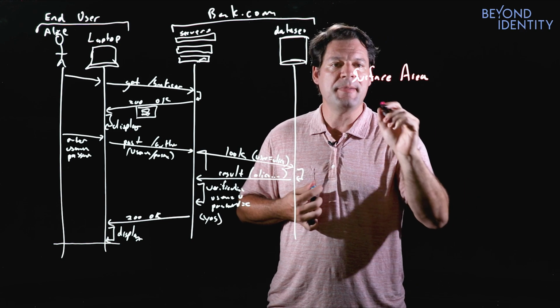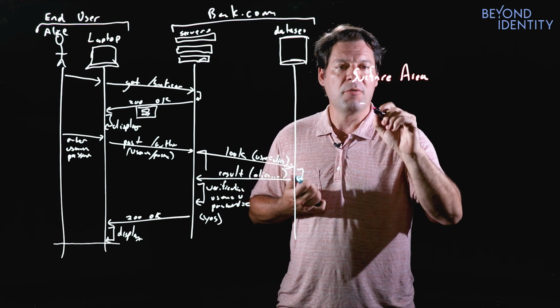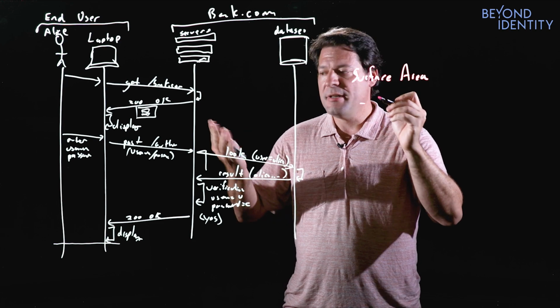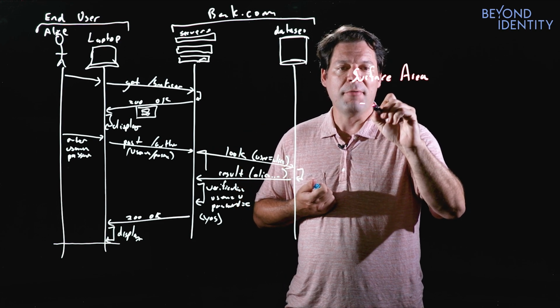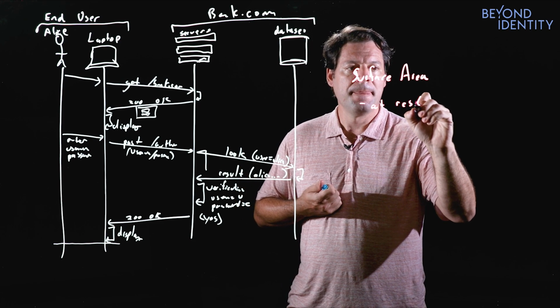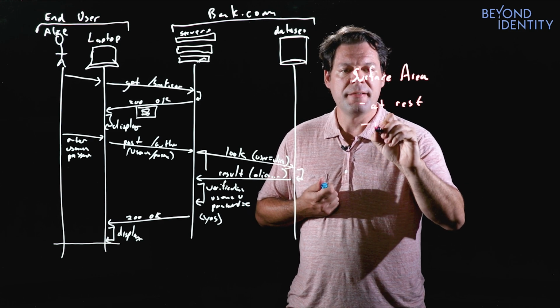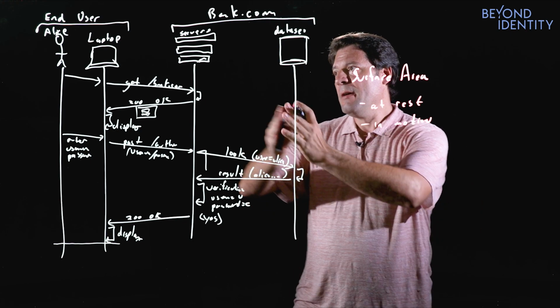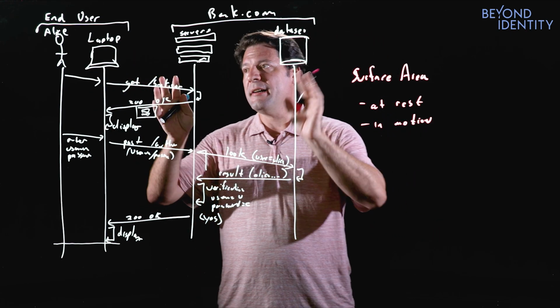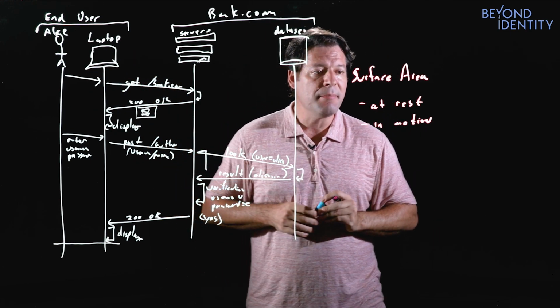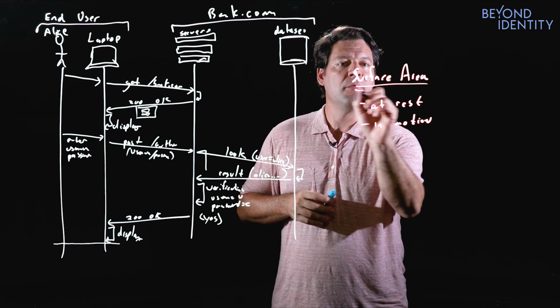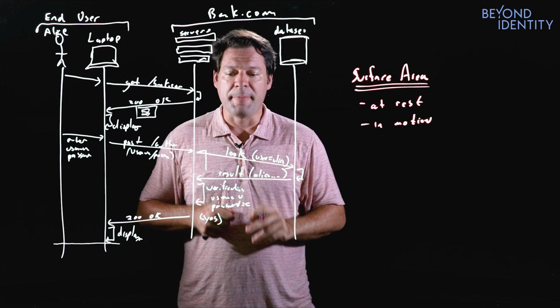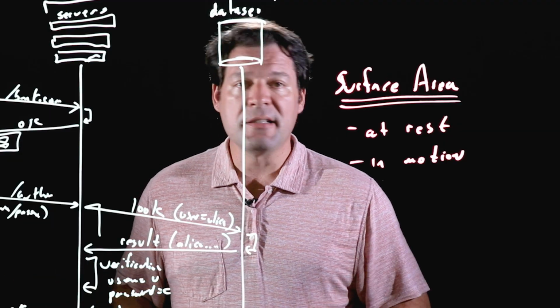So password is a piece of data. So the surface area that I want to worry about is this piece of data essentially at rest and the surface area in motion. So by expanding this out, we clearly understand that the ecosystem is a little bit more complicated than we previously talked about. So now let's make this a little bit more realistic.